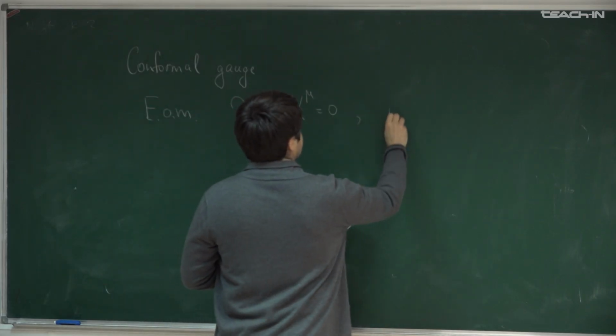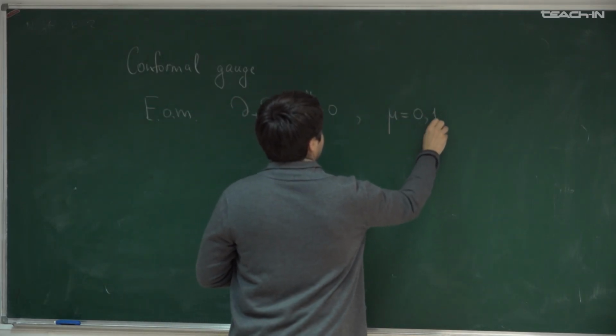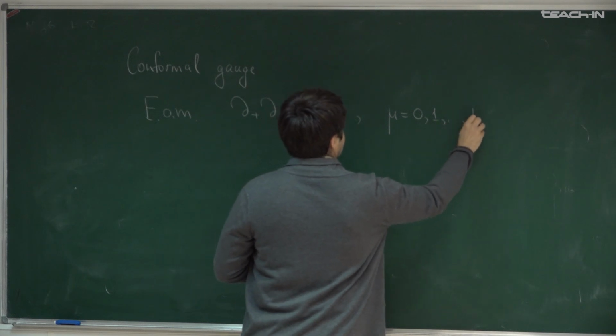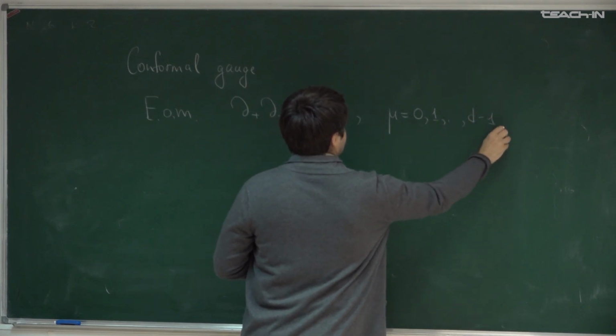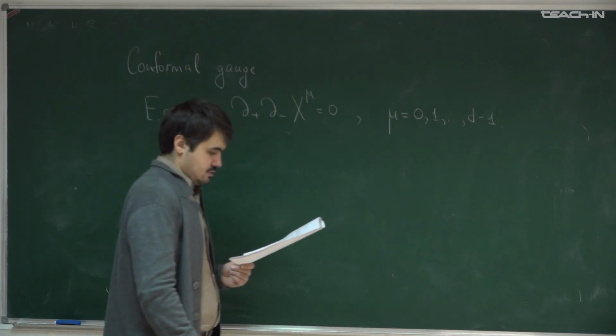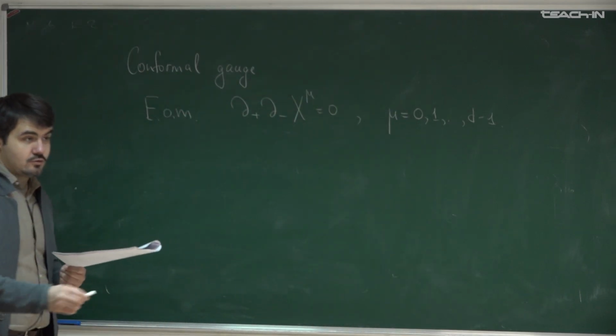Where mu goes up to d minus 1. So it involves all coordinates in a kind of uniform way.